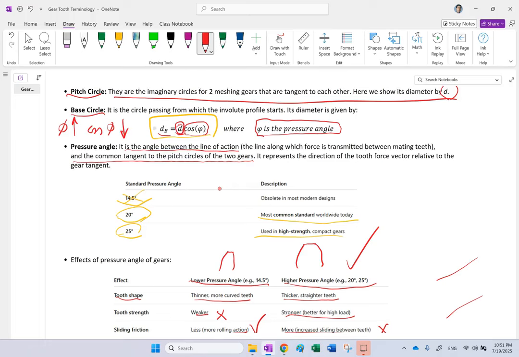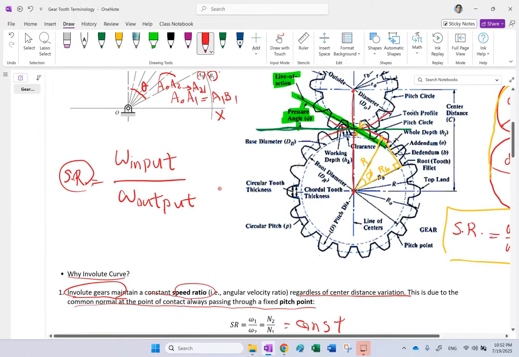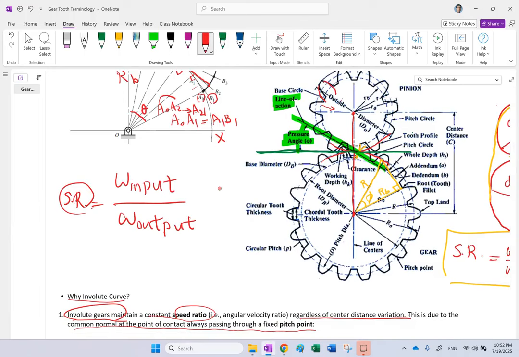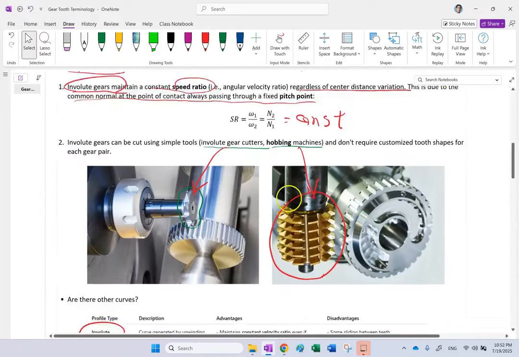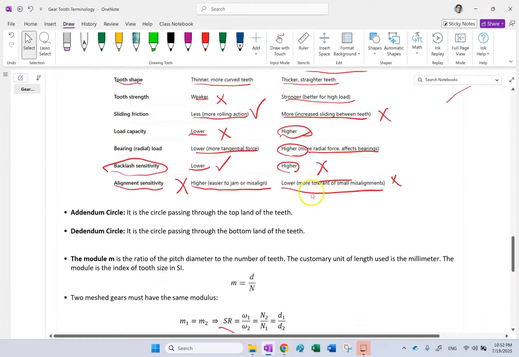Therefore, if D is constant, D base is going to go down. So basically, instead of the base circle being here, you are shifting it a little bit further inside, so this gear can go further down and it is going to get thicker, okay, because you are shrinking the base circle.